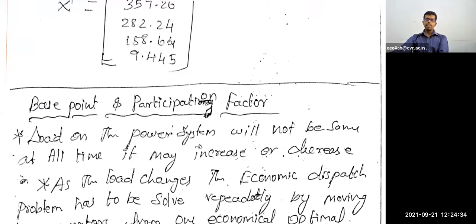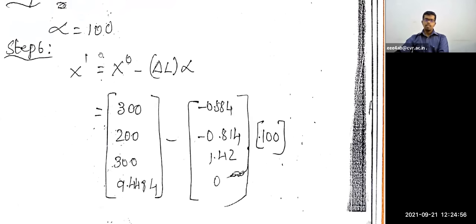So from this, we can easily find in one matrix itself P1, P2, P3, and also for this value of lambda, you are getting this. Like that, we can easily find the answer over here. That is this x dash. That is the initial value. So x dash is nothing but x naught minus del L into alpha.